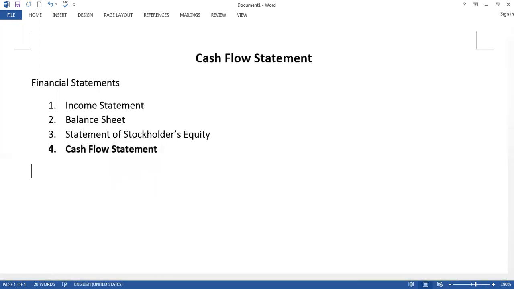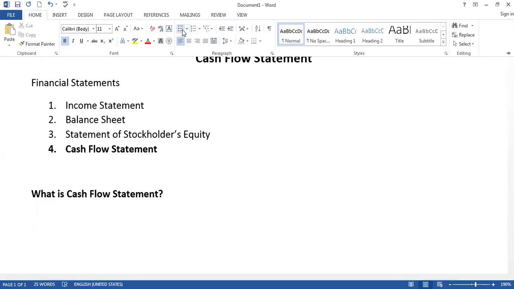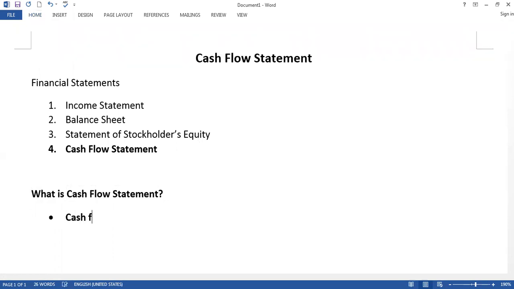Now, what is the cash flow statement? So cash flow statement will provide information about cash receipts and cash payments.